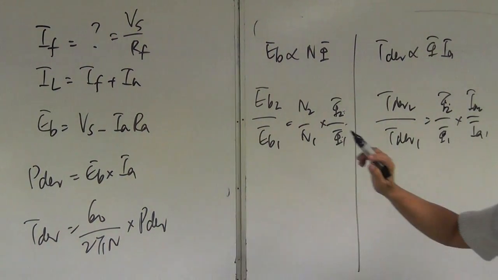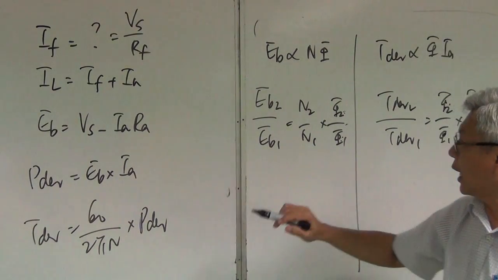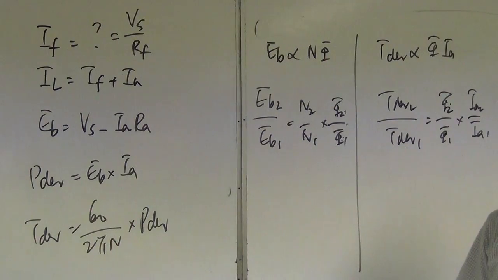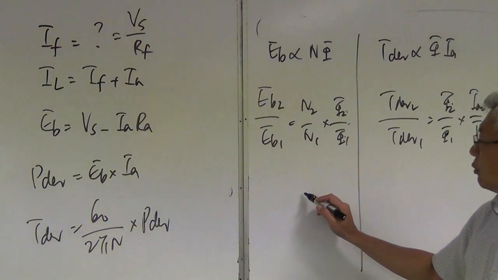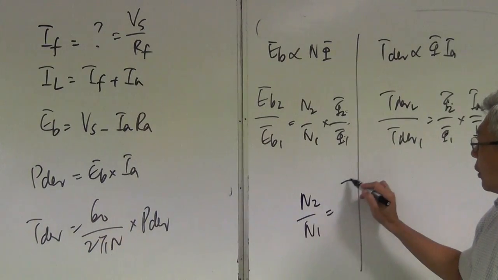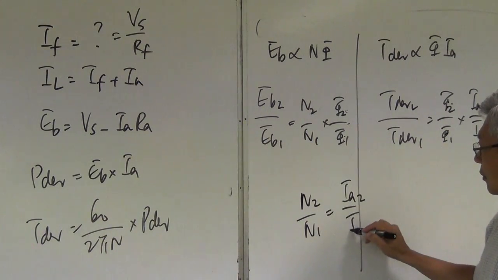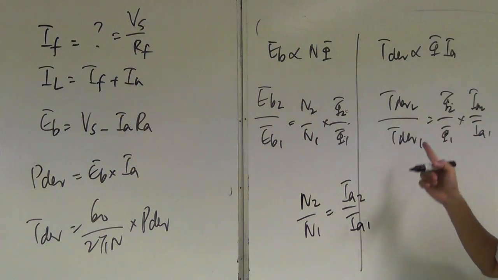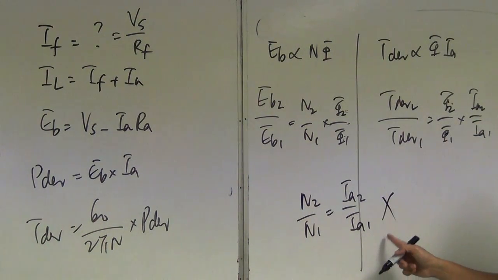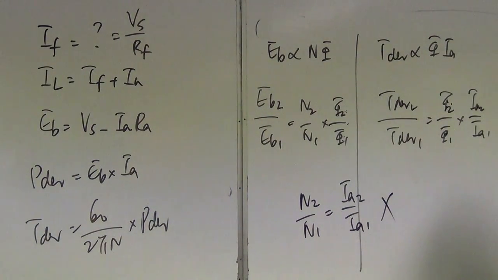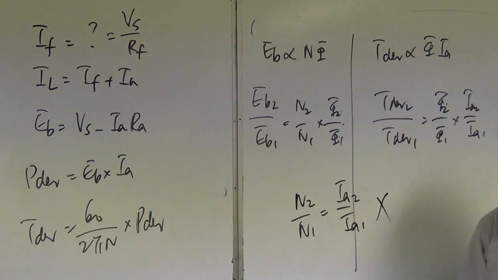For shunt motor, if there's no change in voltage, no change in RF, the flux can cancel. Can you write things like that? If a student writes N2 over N1 equal to IA2 over IA1, this is the equation they create. It's not from here, so it's wrong. Don't create your own relationship. There are only two relationships. That's all. Thank you.